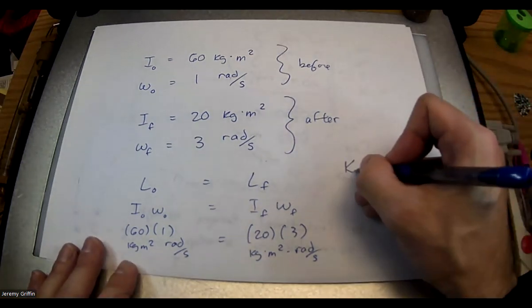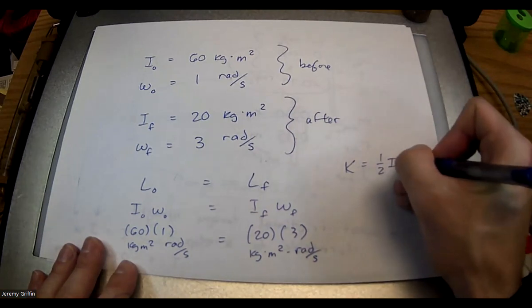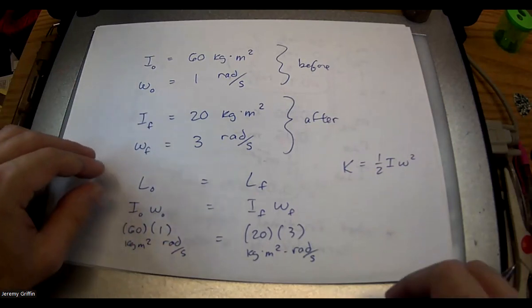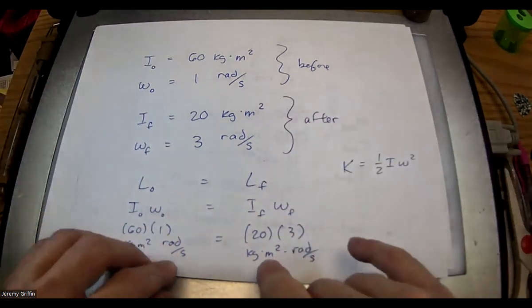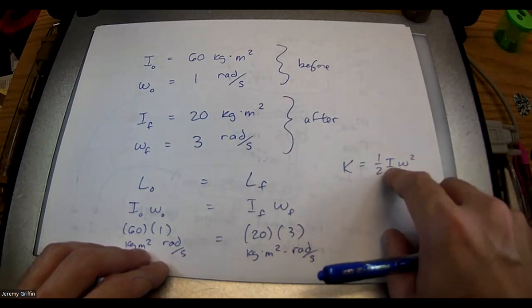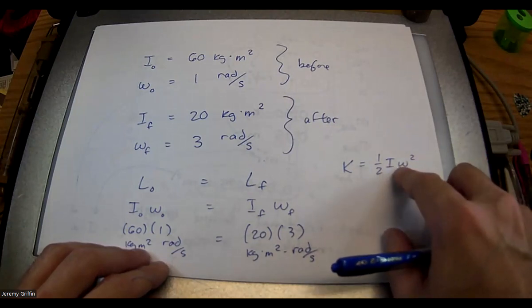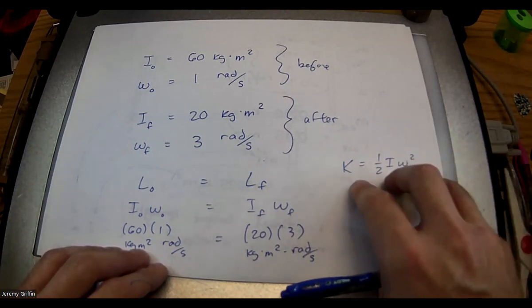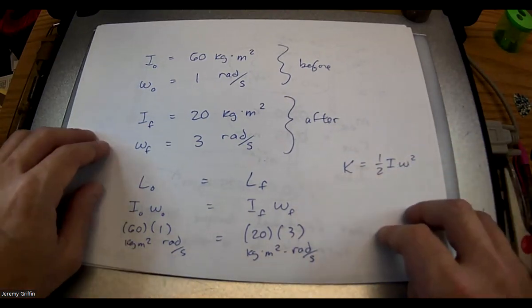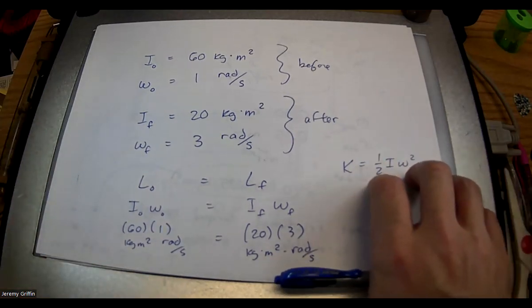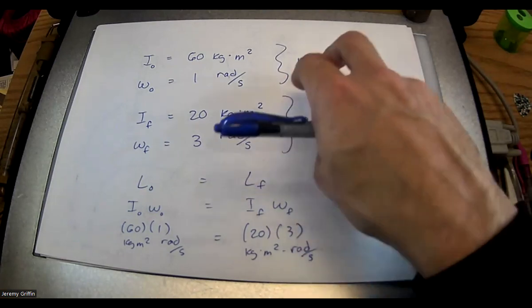You guys know rotational kinetic energy is 1/2 I omega squared. Now, the fact that I times omega is conserved means one increases as much as the other decreases proportionally. But that omega squared, ooh. So if I goes down by a factor 3 and omega goes up by a factor 3, if you square that factor 3, then it's not a wash. Actually, it looks like kinetic energy is 3 times as much after compared to before. If you run this and get the number of joules, there's 3 times kinetic energy here compared to here.